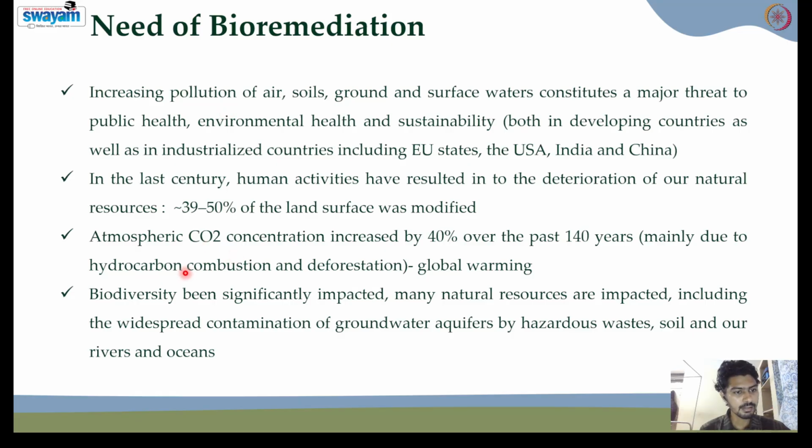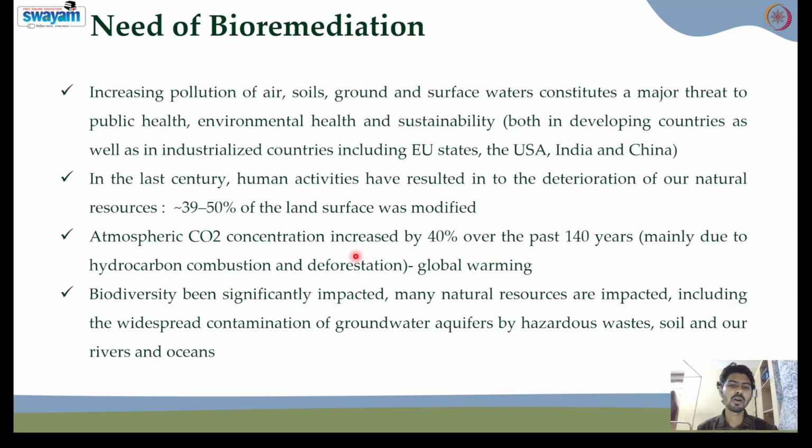And what happens due to this? Due to rapid industrialization and human activities, biodiversity has been significantly impacted. Therefore, many natural resources are being impacted due to the widespread contamination of groundwater aquifers by hazardous waste, soil, rivers, and oceans.